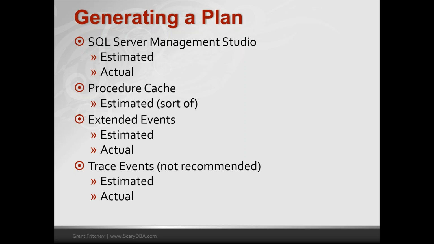Most of the time, you're going to want to get actual because of those extra properties. They're very, very useful little bits of information. We're going to go over what they are. I'll show them to you. But they're important. However, don't shy away from what they call the estimated plan. It makes it sound like it's, well, this is just a guess. You don't really want it.